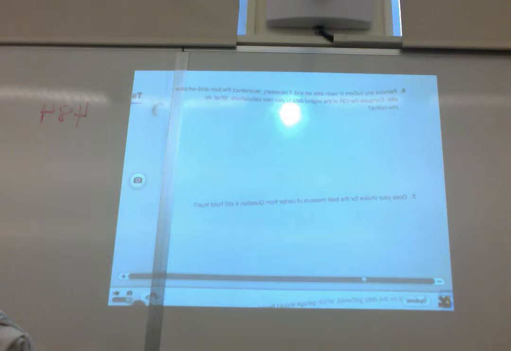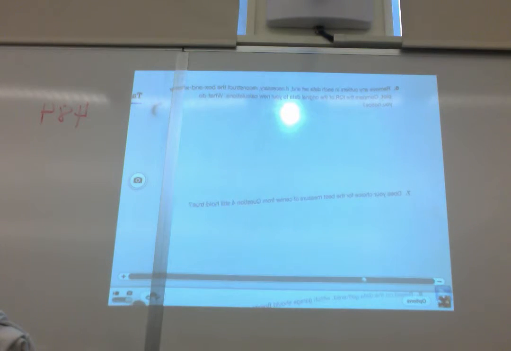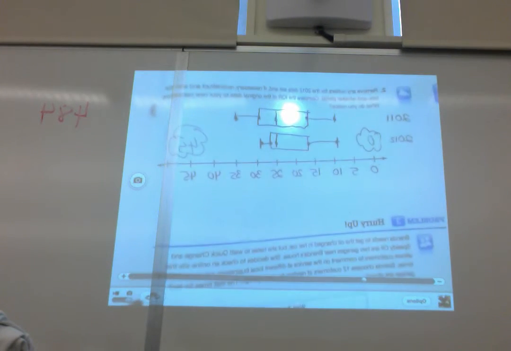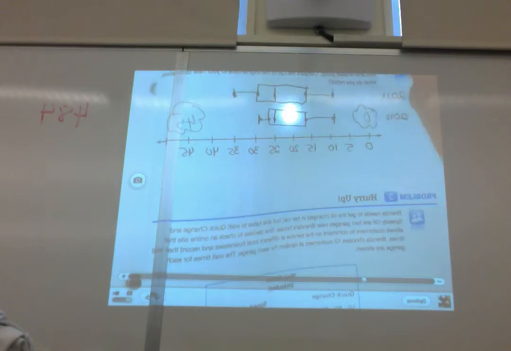Okay, let's be more precise. Should we be more precise on our outliers? Because we are going to remove outliers and take a look at things. So, flipping back to Wednesday's work.